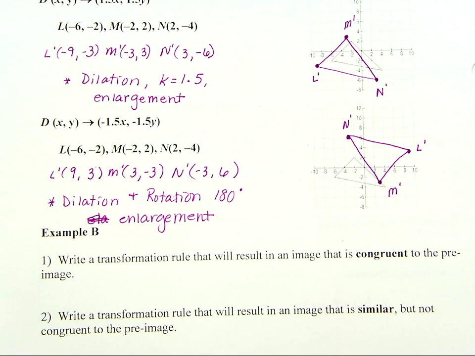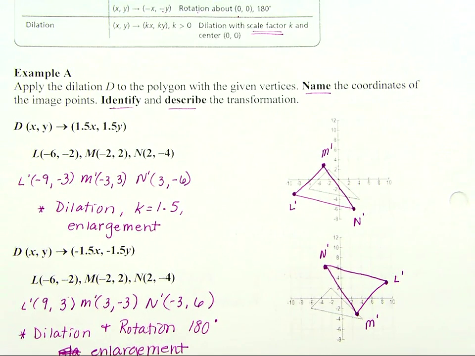Okay, so the question is, how do we know if our figure is going to be larger or smaller if we have a dilation? Well, let's make a note at the top.